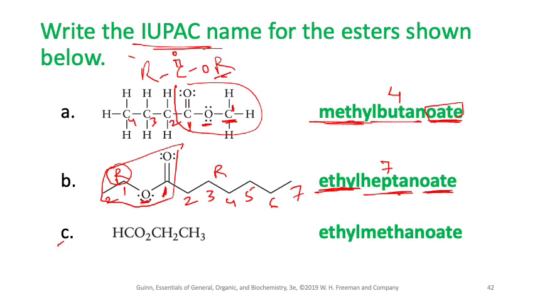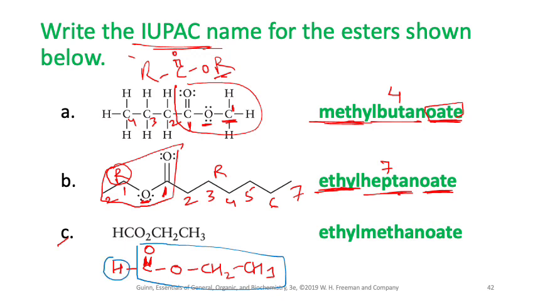Let's do the third one, which is HCO2CH2CH3. I can draw the structure: H, then CO2 means you have a double bond on the carbon, then one more oxygen, then CH2, CH3. If you see it clearly, this is an ester, and instead of R you have hydrogen. So this is a simple ester, with just one carbon.